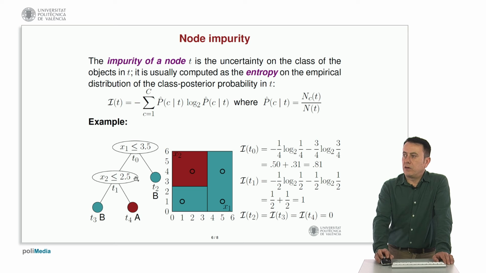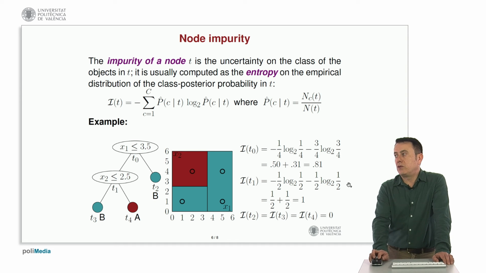Then for this internal node, T1, we have one sample for each class, so we have minus 1 over 2 binary logarithm of 1 over 2, and again minus 1 over 2 binary logarithm of 1 over 2, which is 1 over 2 plus 1 over 2, that is 1 impurity. And for the leaf nodes, where there are training samples from only one class, the impurity is null.